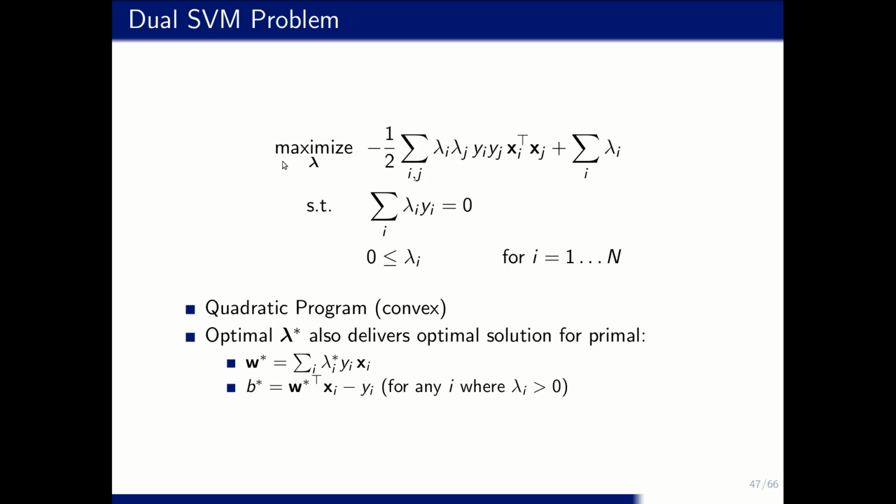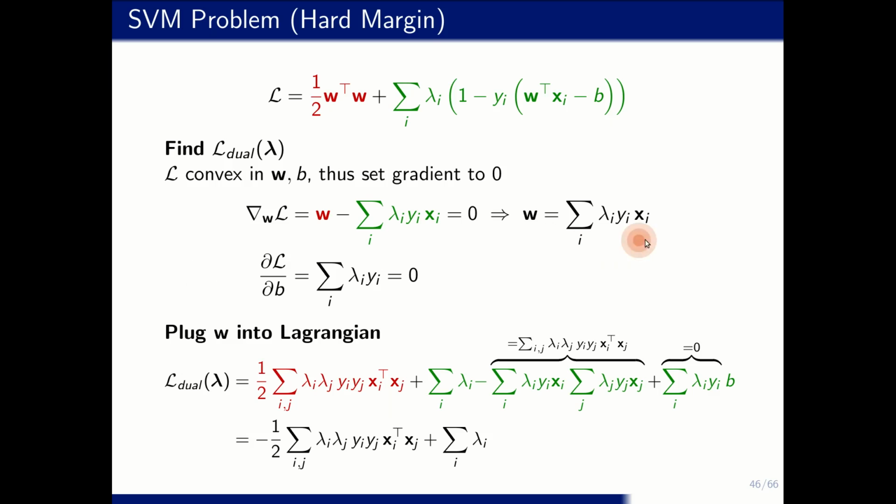So now we need to maximize over lambda, and this was the L dual. We got this constraint by minimizing over B, and the Lagrange multipliers need to be positive. So this is the dual SVM problem. In principle, the dual just gives a lower bound, but as we saw previously, we also have a solution.